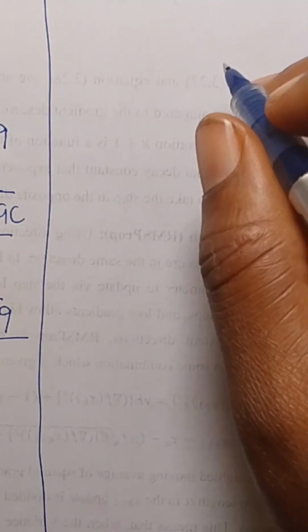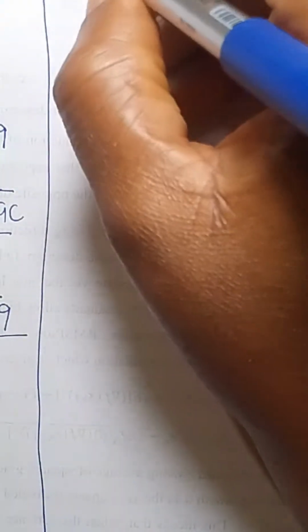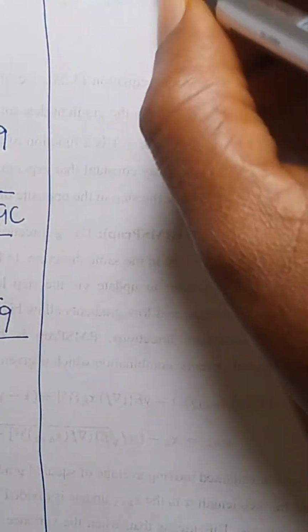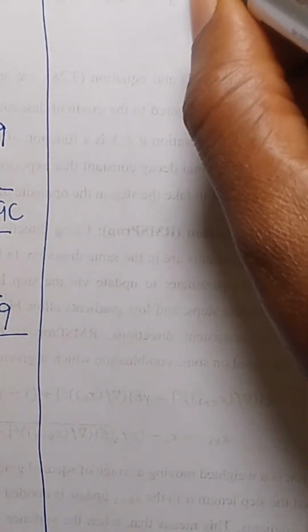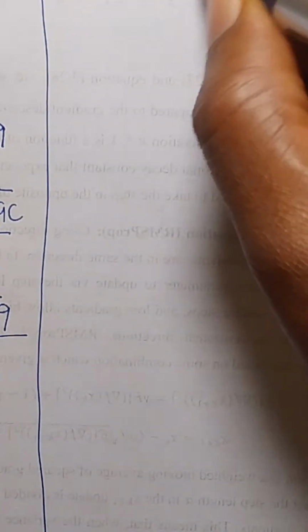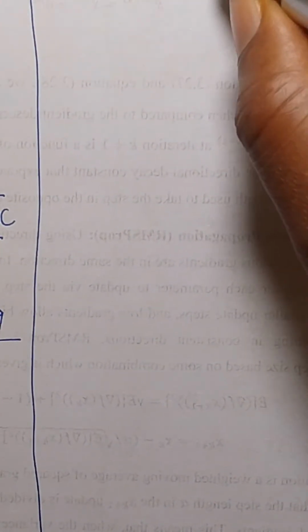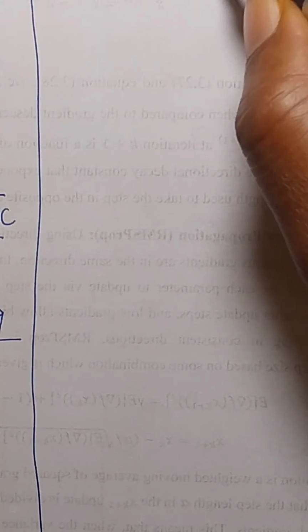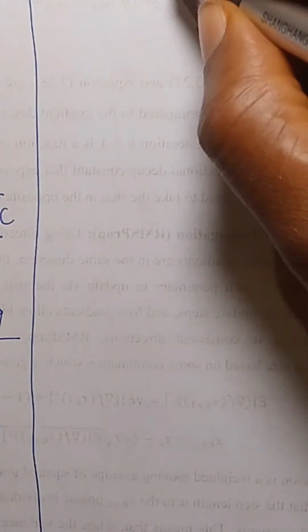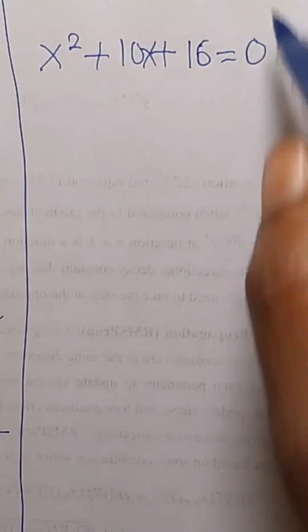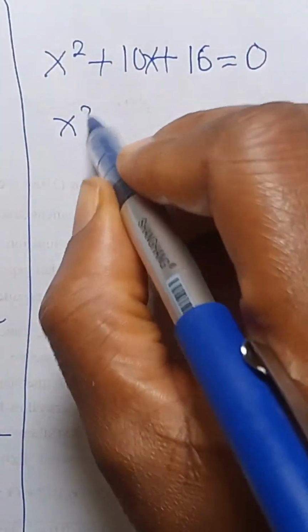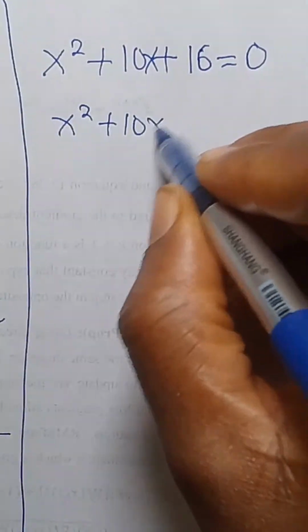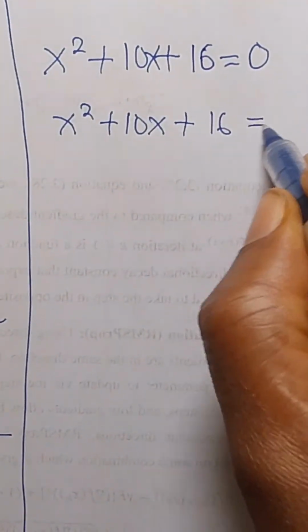We have x squared plus 10x plus 16 equal to 0.